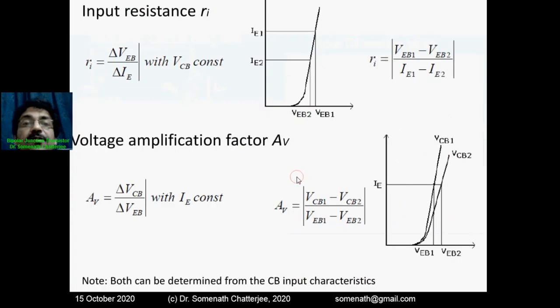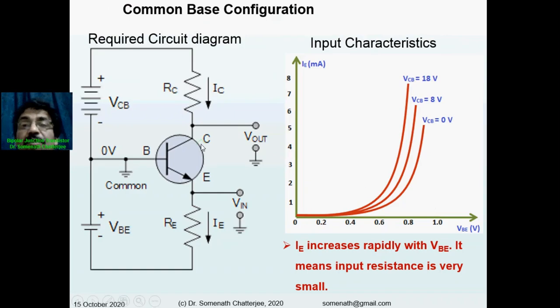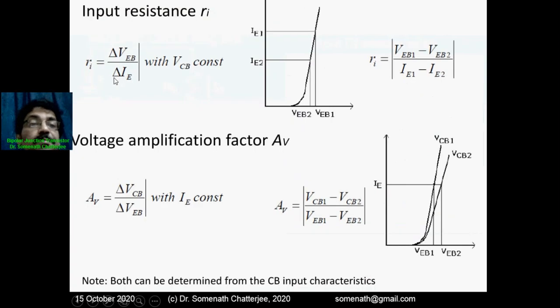Now what information will we get from this curve? Here, one is the input resistance. The input resistance is basically the ratio between the base to emitter voltage and IE, that is the emitter current, with VCB constant.